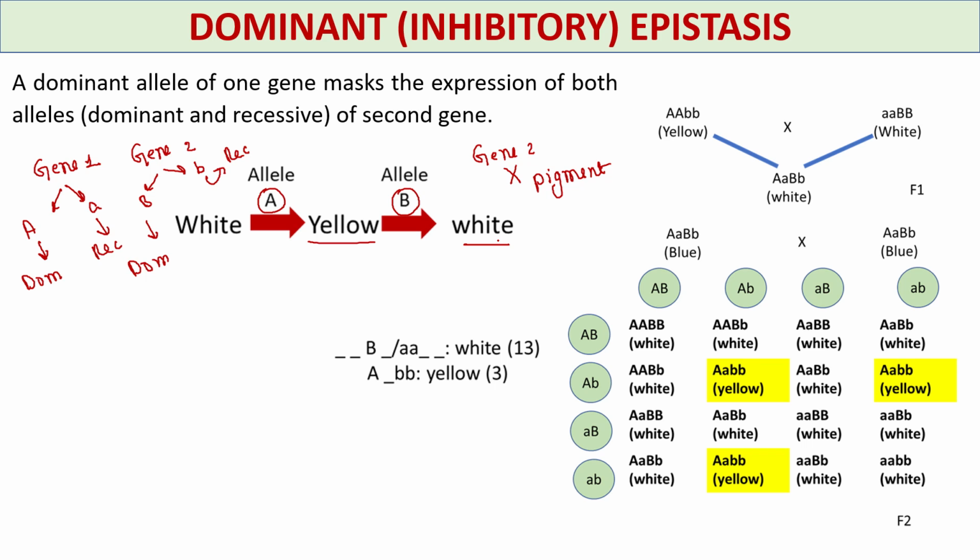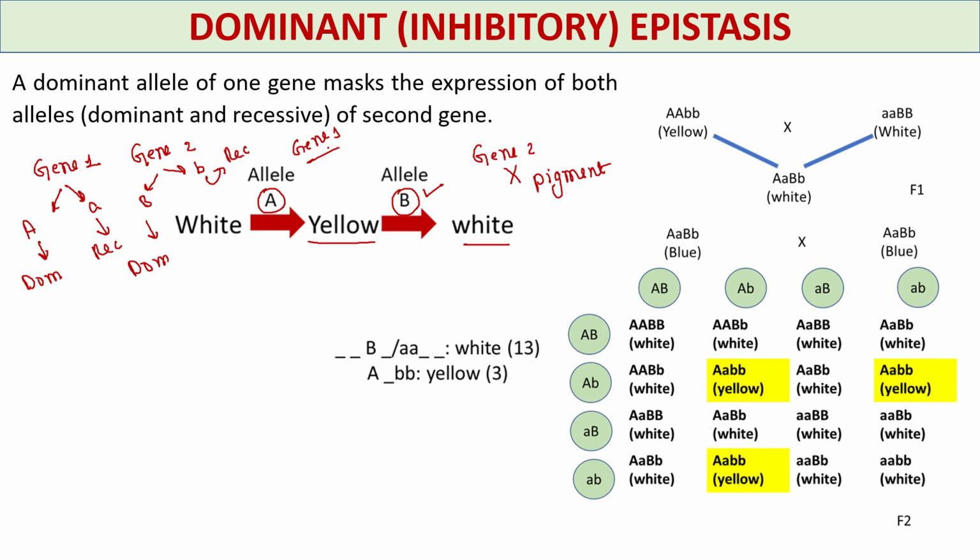Therefore, it is called dominant inhibitory epistasis, because the dominant allele of a gene, in this case the capital B allele of gene 2, inhibits the expression of both dominant and recessive alleles of the second gene, in this case gene 1.